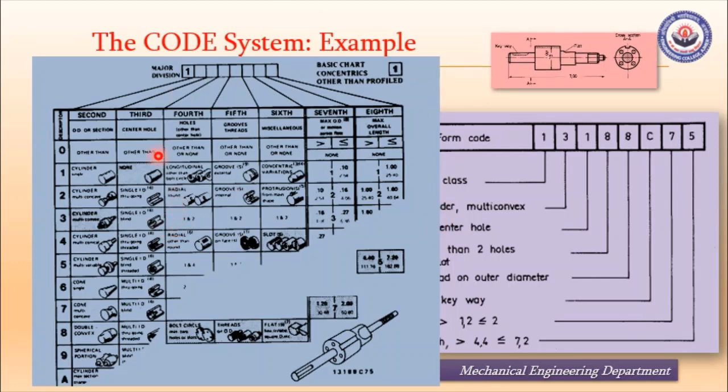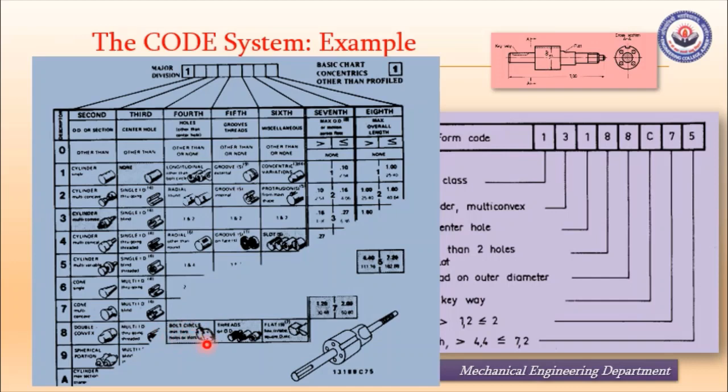Further, how are the second, third, fourth, fifth, sixth, seventh, 8th digits designated? Why is this 1, why is this 2, why is this 8? For example, the code is more than 2 holes for the 4th digit, so we can say the 4th digit is bore circle, this is why this is assigned.